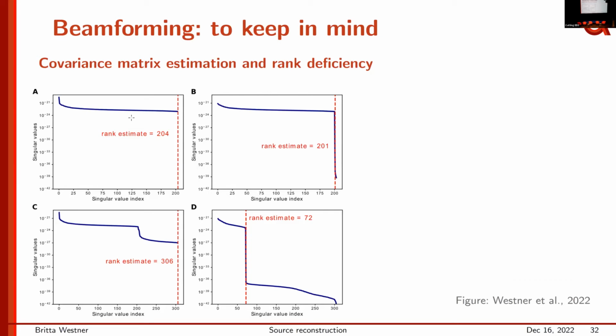If we look under B, you have this dramatic cliff happening here. And this is because this data here is rank deficient by 3. So we have not independent information for 3 components.